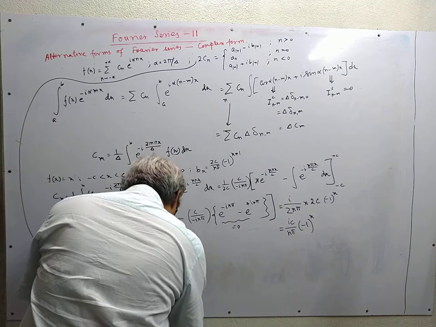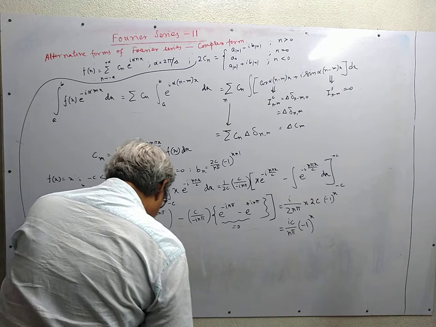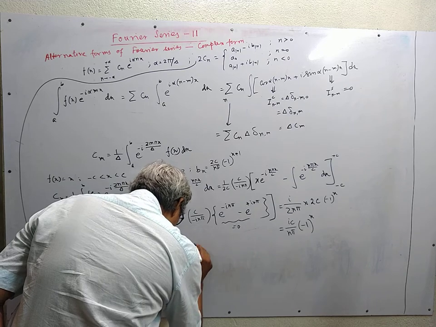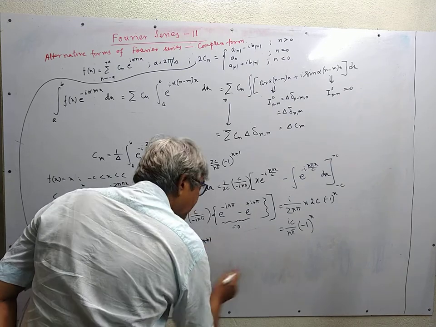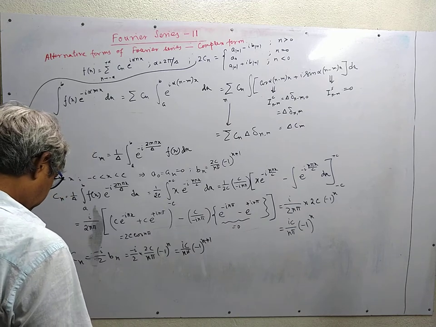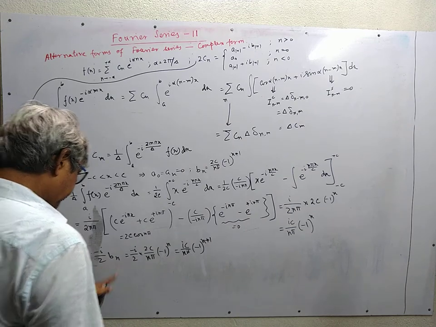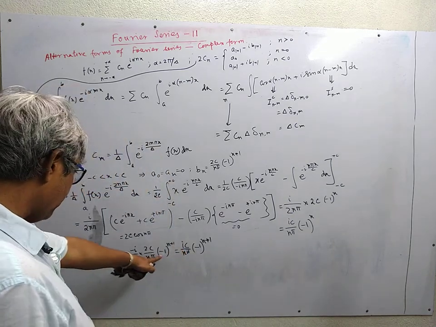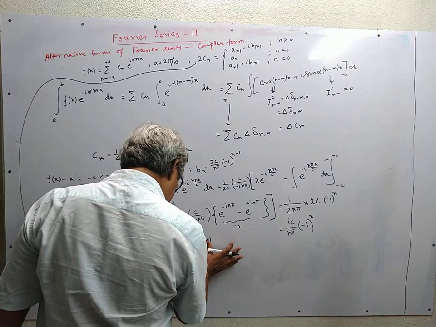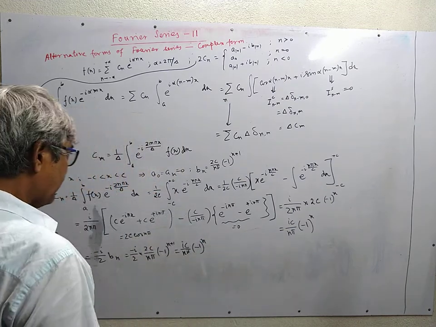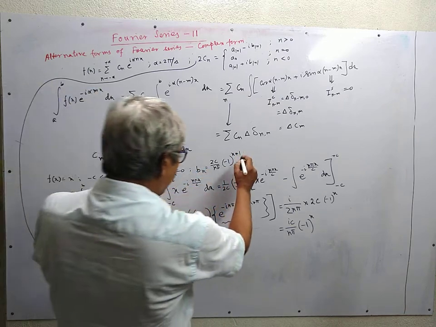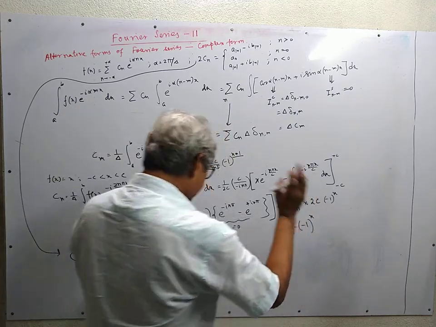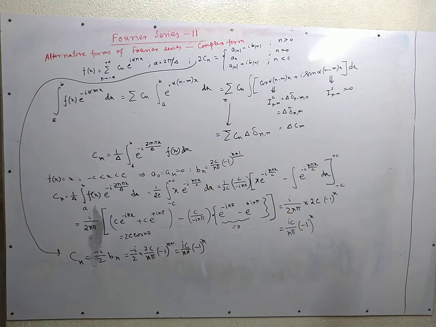So 2 cancels out, and this minus we take over there, so it is i c by n pi minus 1 to the power n, and these two are the same.